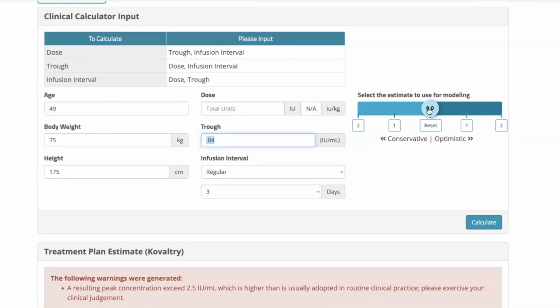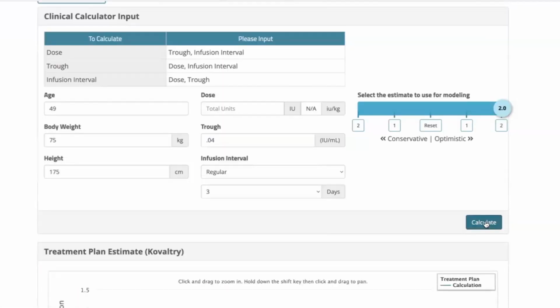You could use here the optimistic estimate. So say, well, you know, this patient is not bleeding. Maybe we want to use the best estimate, the most favorable interpretation of the half-life. So I put this cursor here to optimistic. I continue to ask for a 4% trough every 3 days, and I ask for the dose.